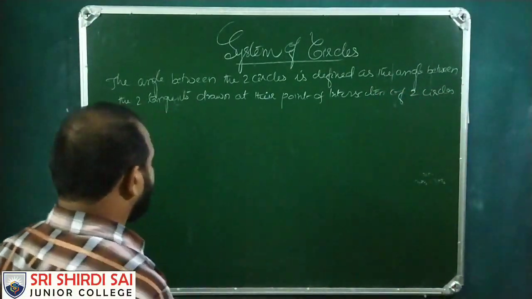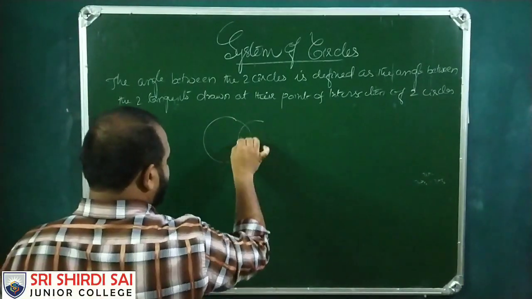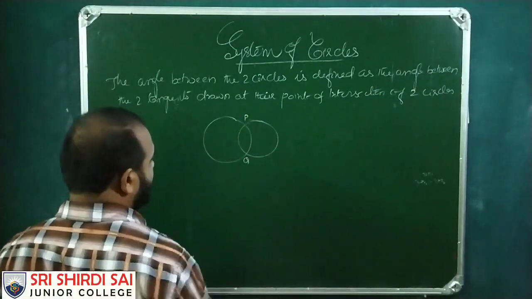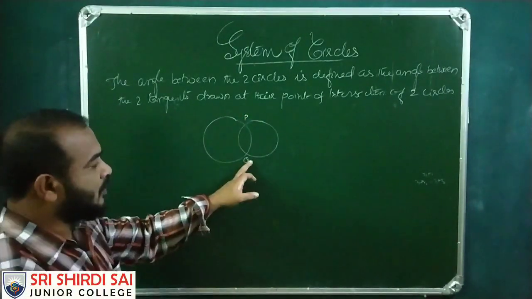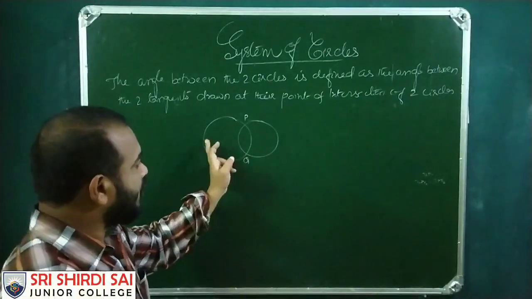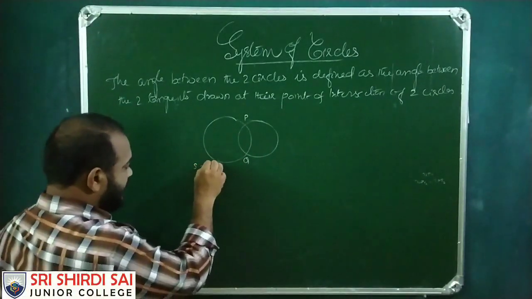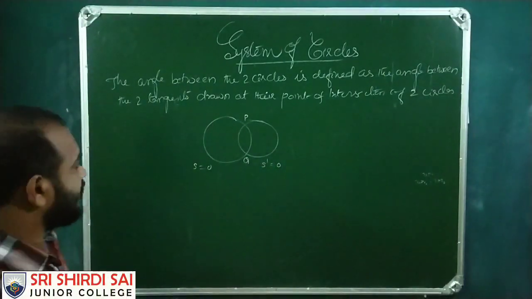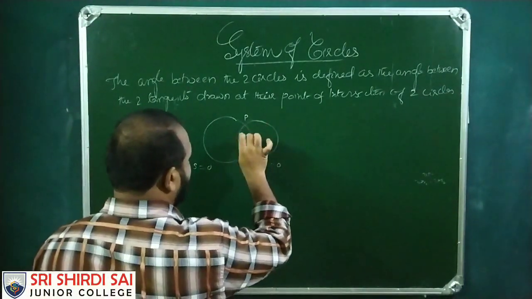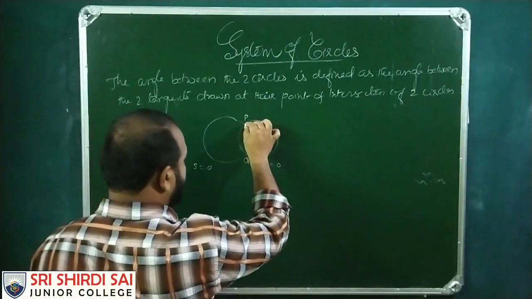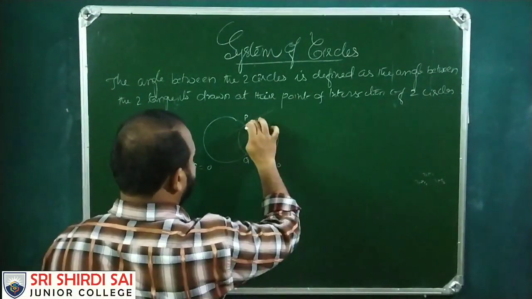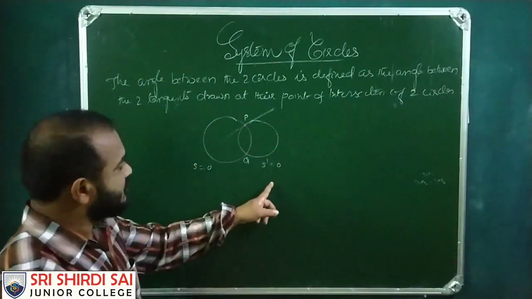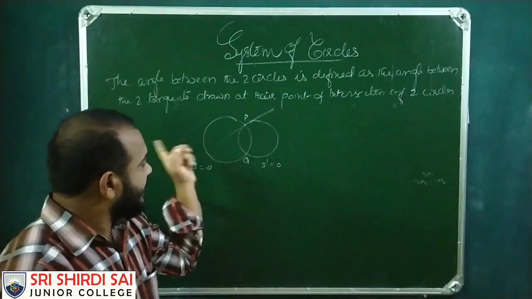What it says is, let us have the two circles like this. Let P, Q be the points of intersection of these two circles, and S equals 0 and S dash equals 0 be the two circle equations. For S dash equals 0, this line is a tangent.